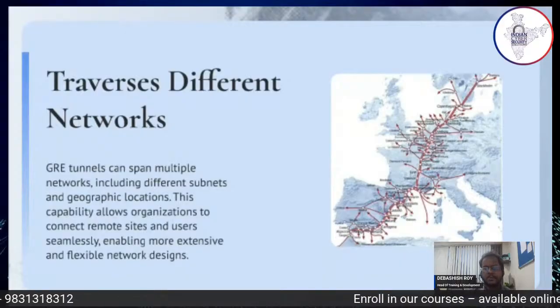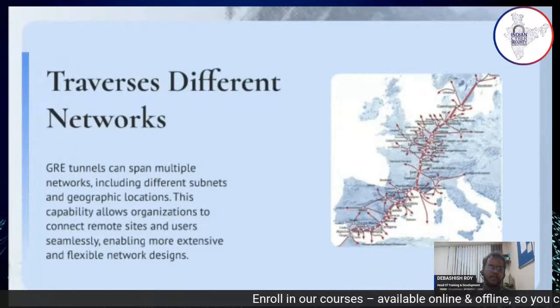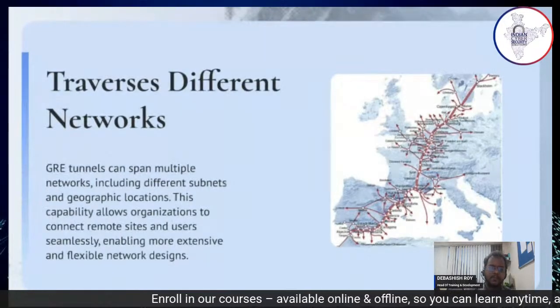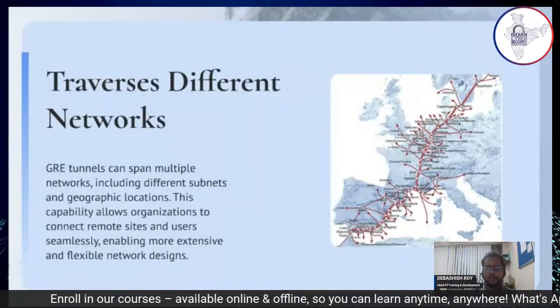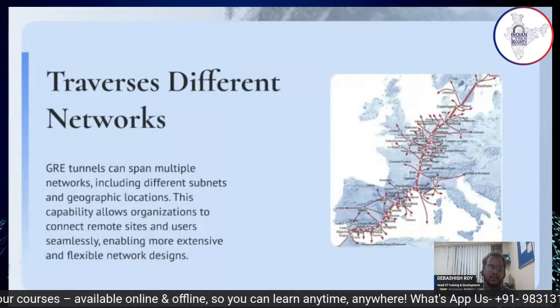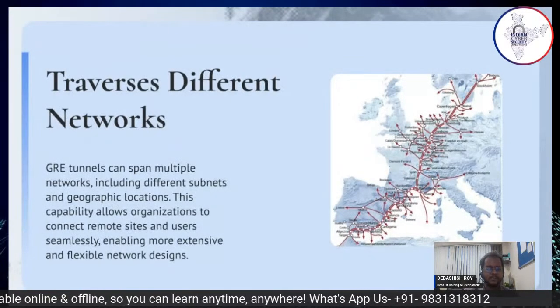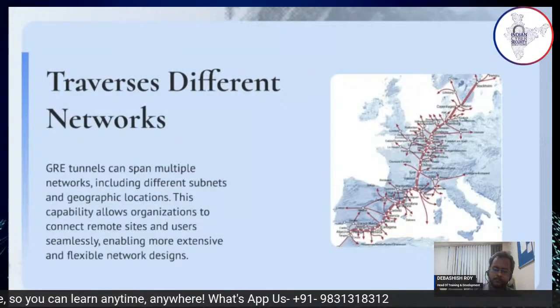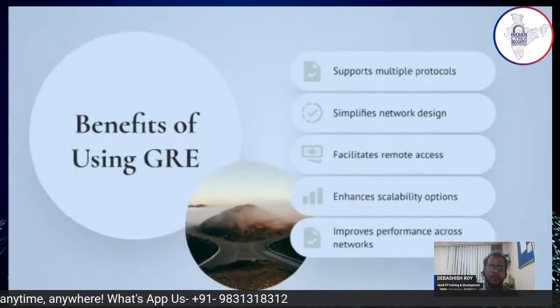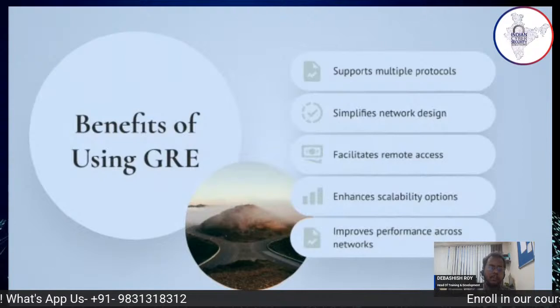So it traverses different networks. GRE tunnels can span multiple networks, including different subnets and geographic locations, like the sites you have. This capability allows organizations to connect remote sites and users seamlessly, that I was talking about. Benefits of using GRE: what is the advantage?